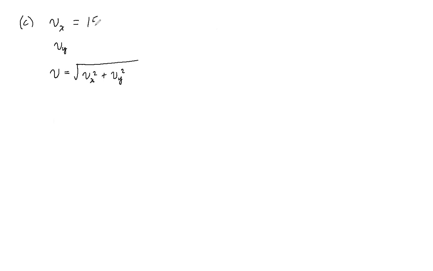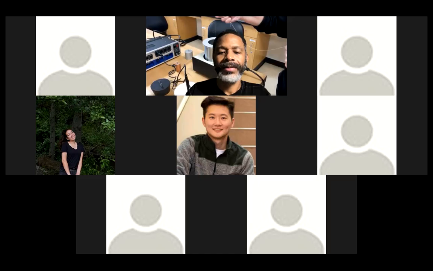This guy we found is 15.6 meters per second. This one we don't quite know yet. We have to work that out. So how do we work this out? So we go back to our big five.